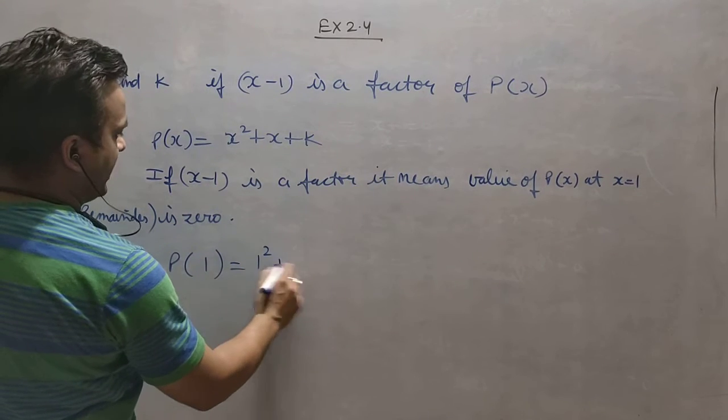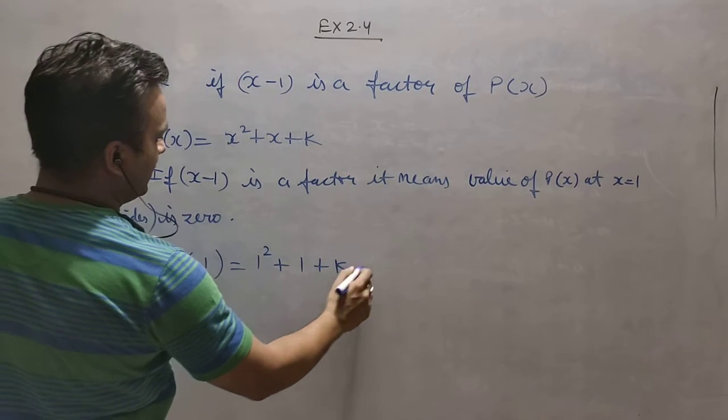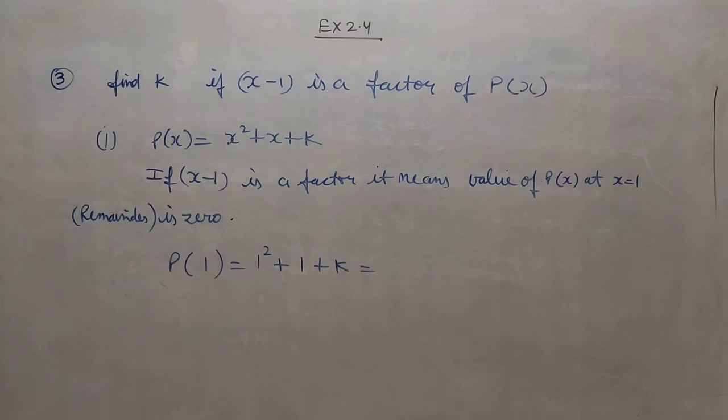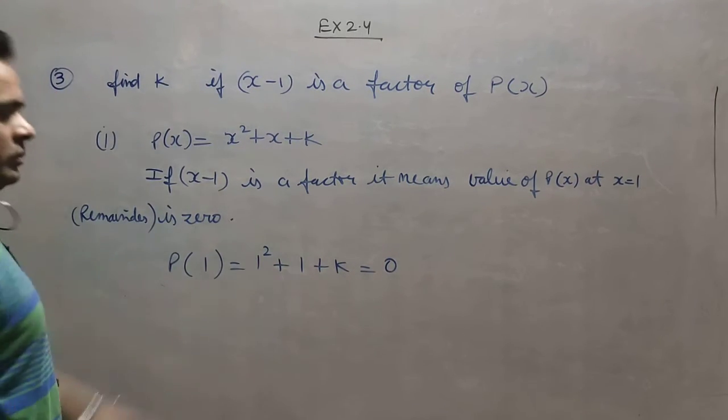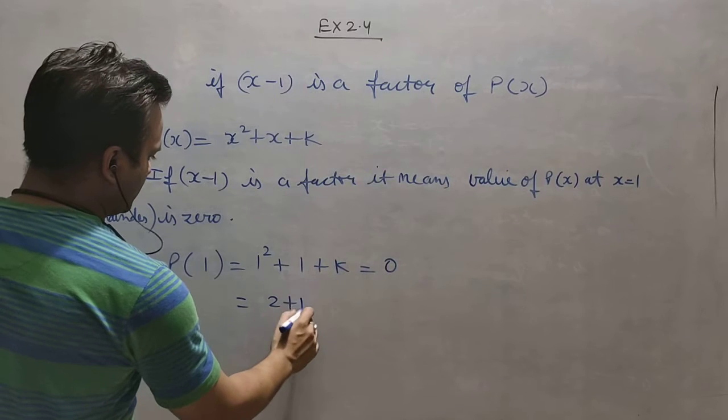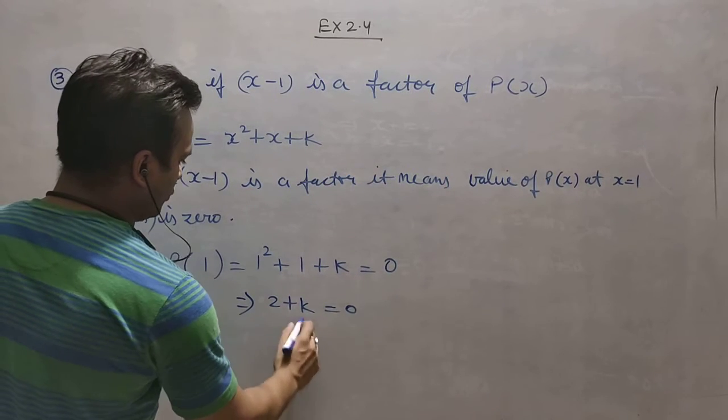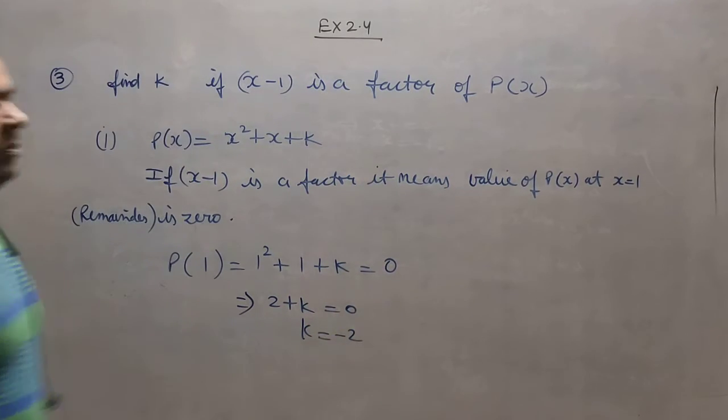In place of all x we put 1, and it will be equal to 0. We are already putting 0 from our side. 2 plus k equal to 0 and k is minus 2.